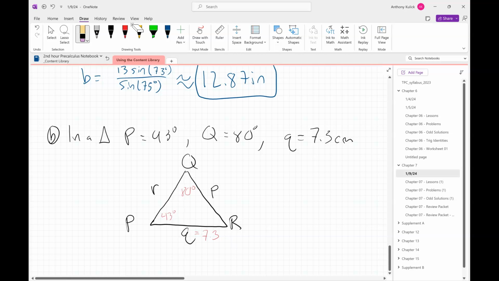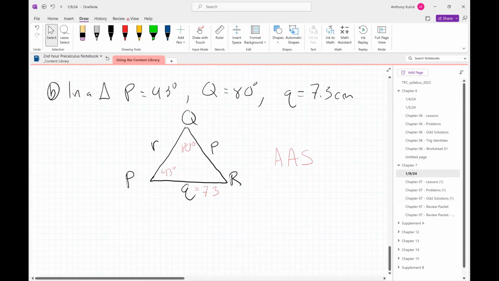So which situation is this? Angle, side is correct. Very good. Does everybody feel pretty good so far?